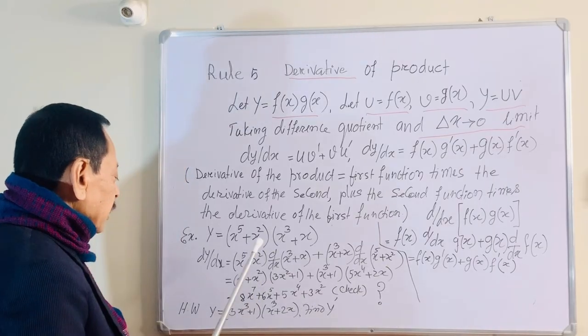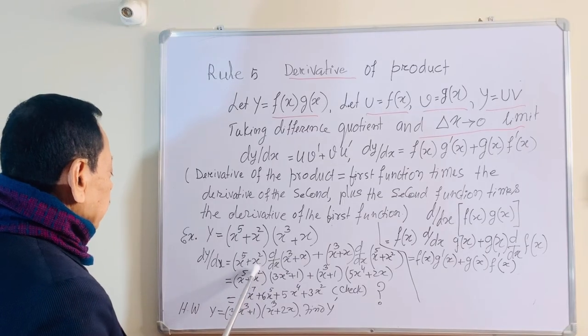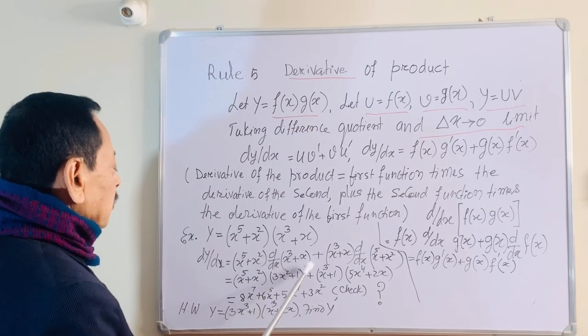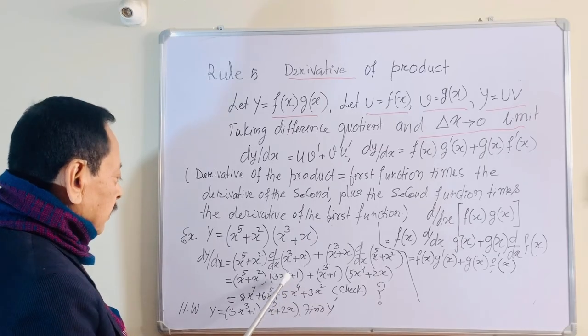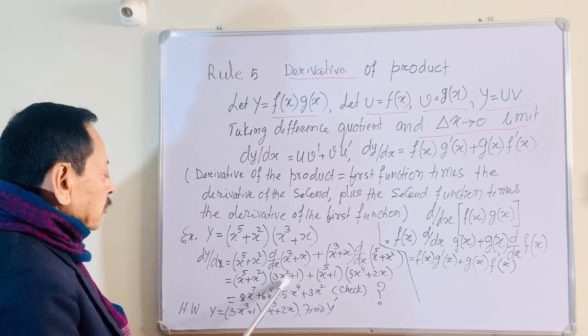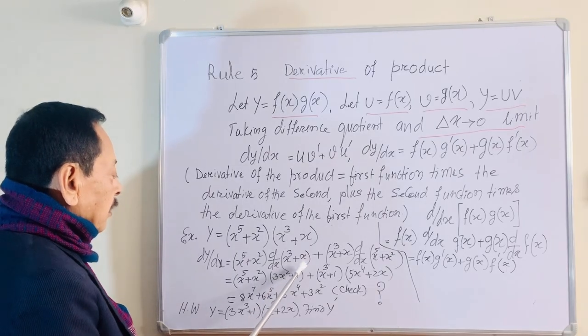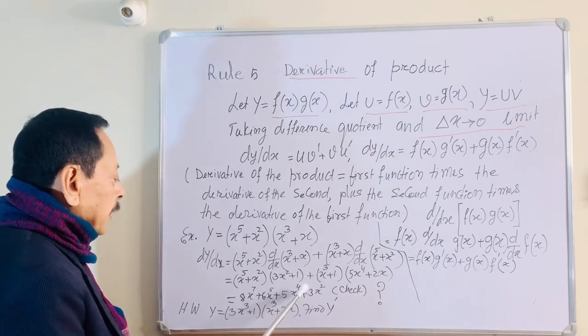So x to the power 5 plus x squared will remain as it is. The derivative of the second means 3x squared plus 1.